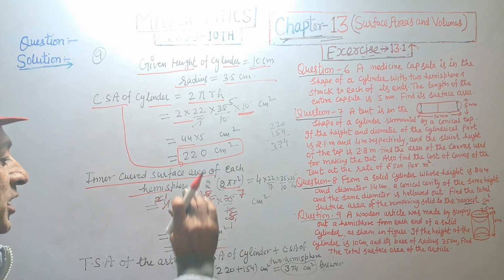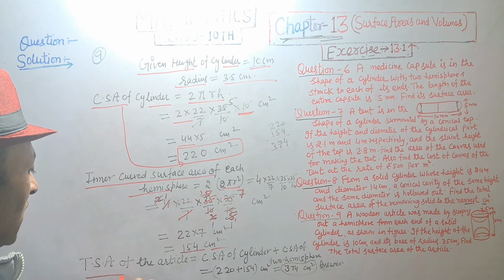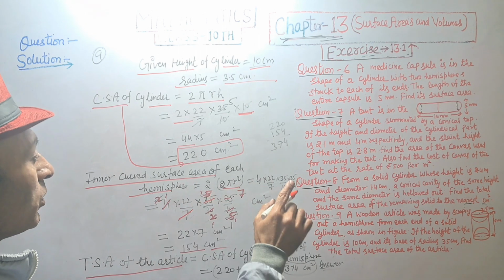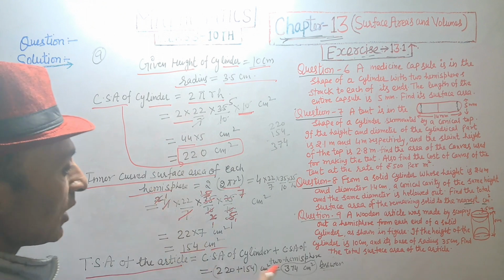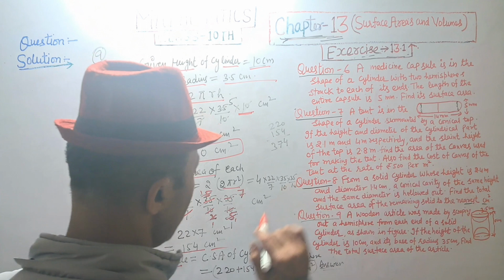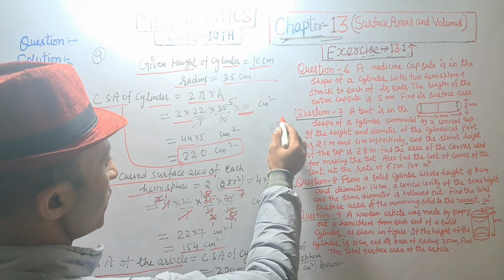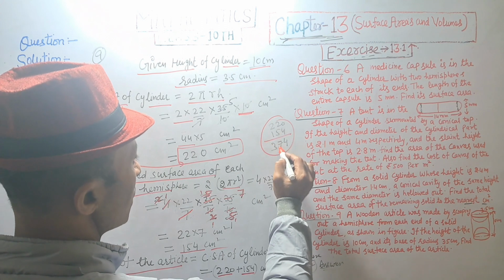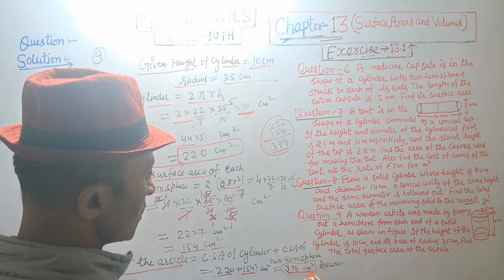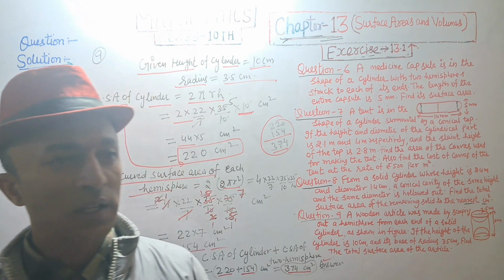It's inner curved surface area of the hemispheres, and total surface area of the article is equal to curved surface area of cylinder plus curved surface area of hemispheres. 220 plus 154, we get 374 centimeter square. Answer. Thank you so much.